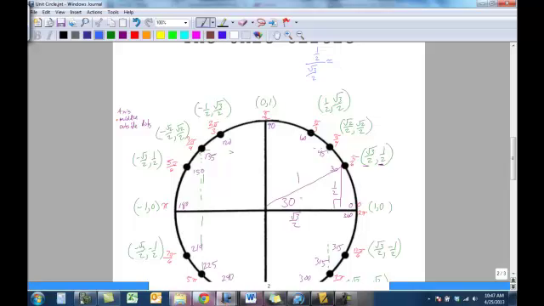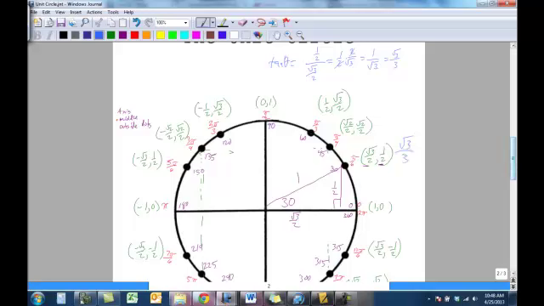So 1/2 divided by √3 divided by 2 is 1/2 times the reciprocal, 2 divided by √3. The 2's cancel. You're left with 1 over root 3, which is root 3 divided by 3. So the tangent of theta was root 3 divided by 3.